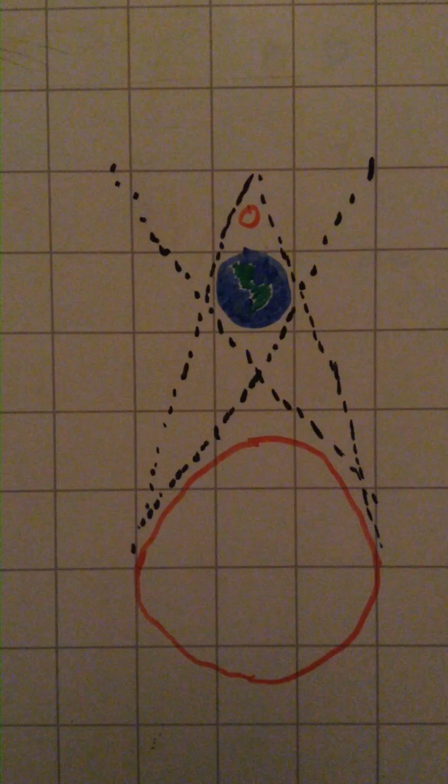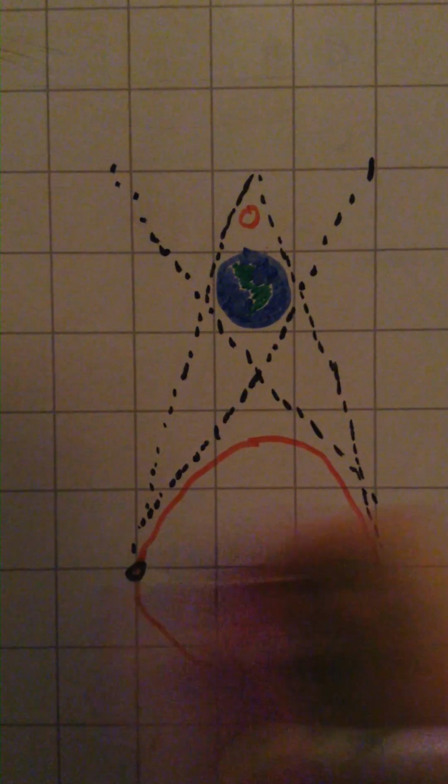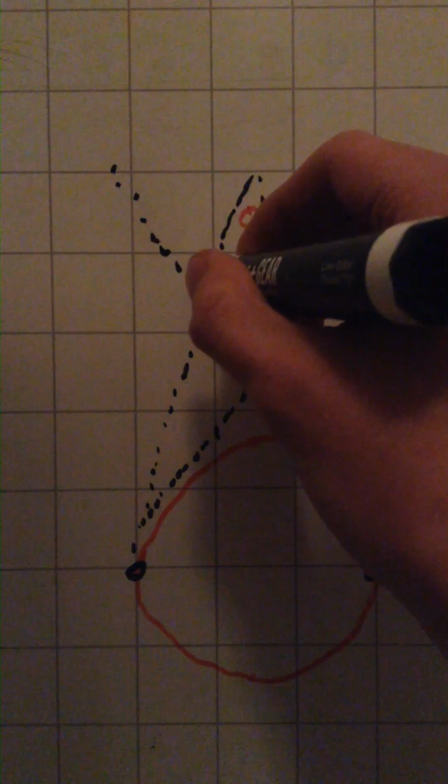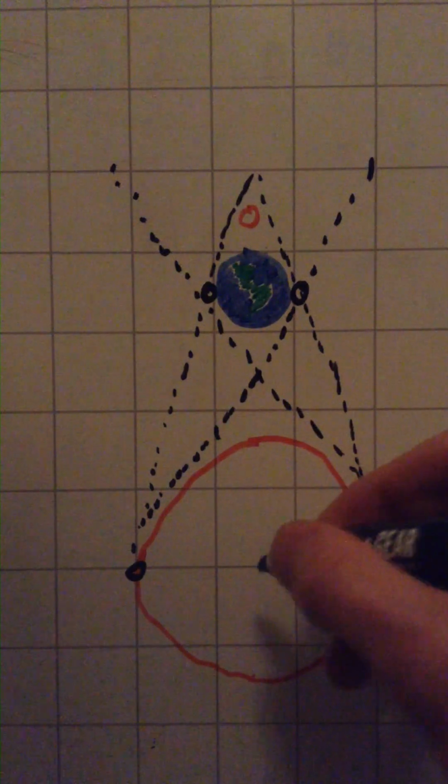And now, here's another thing. We should be using the common tangents, but to simplify the math a bit, let's just say they pass through this point, this point, this point, and this point at the sides.